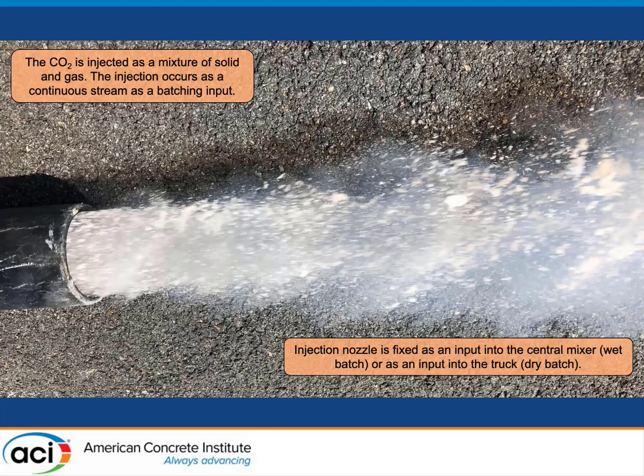And so this looks just put on the ground, a CO2 injection system for purposes of visualizing what comes out the end of the nozzle. So this would be fixed into where you're batching the concrete, either into a central mixer or into a truck, much like any other mixed component that ends up going into either of those 2 things.